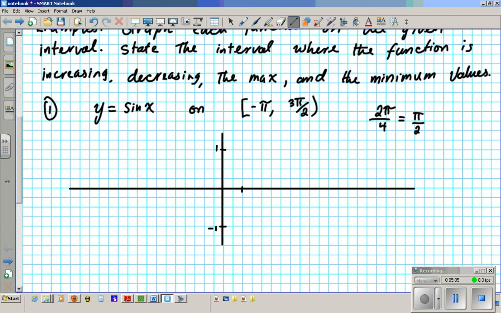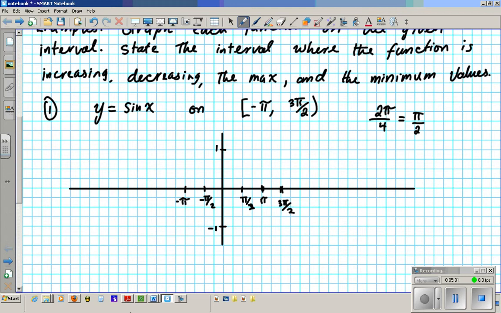So two tick marks to the right is pi over 2, and then this is pi, and then this right here is 3 pi over 2. And then I stop there because that's how far I'm going to the right. Going back, I'm going to back up negative pi over 2, and then back up another two tick marks, negative pi.